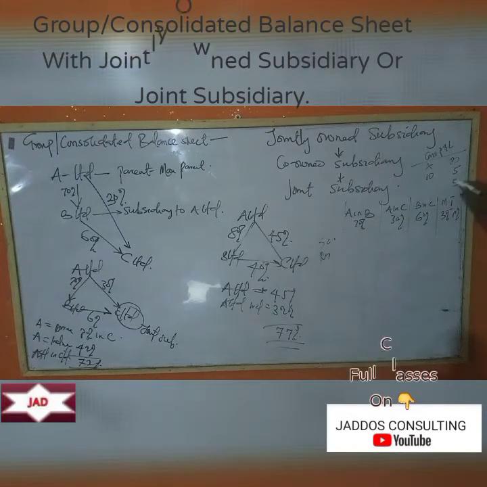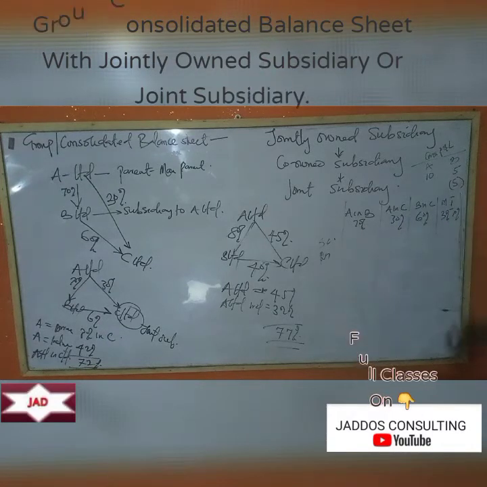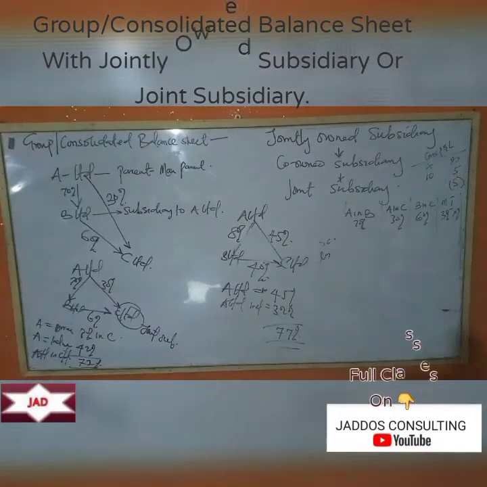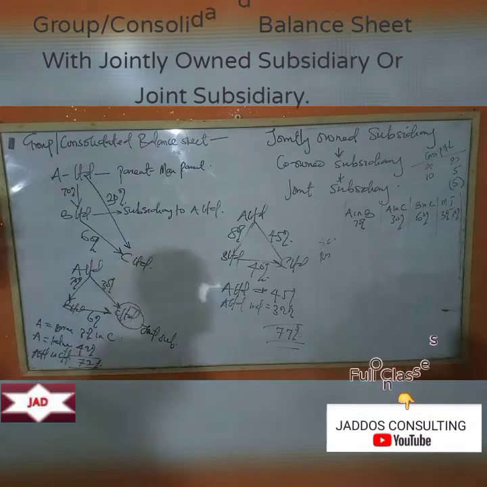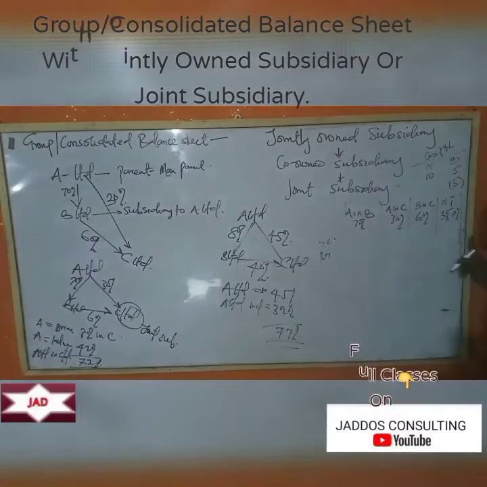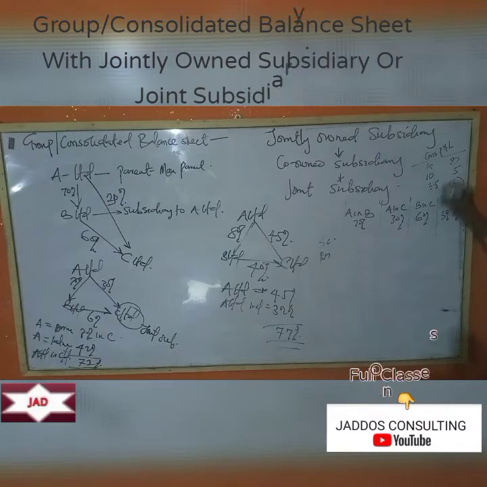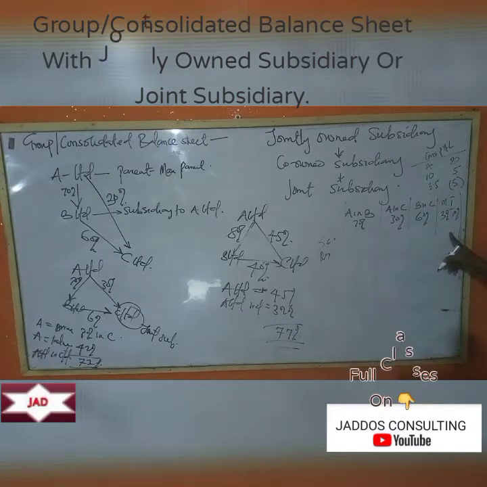So this is going out of here. What is 70% of this 5? That's 3.5. So A takes 3.5. Then the remaining will go to minority interest.